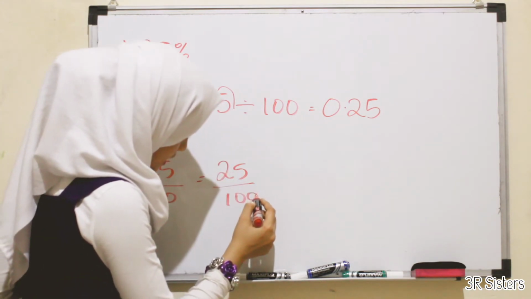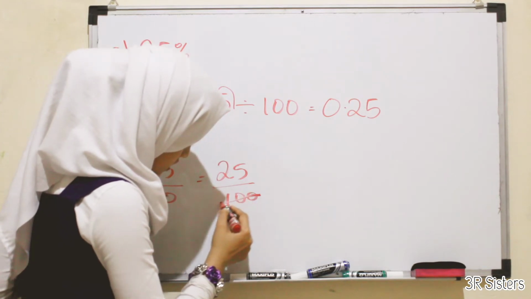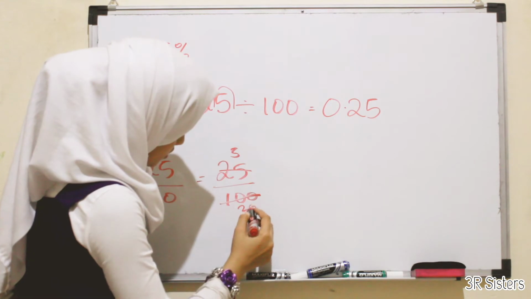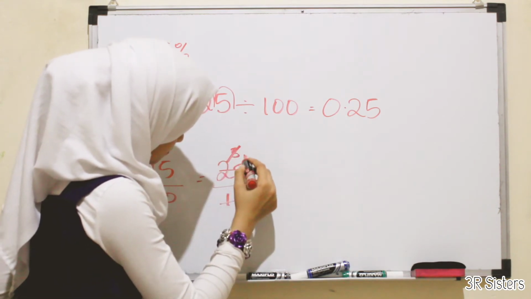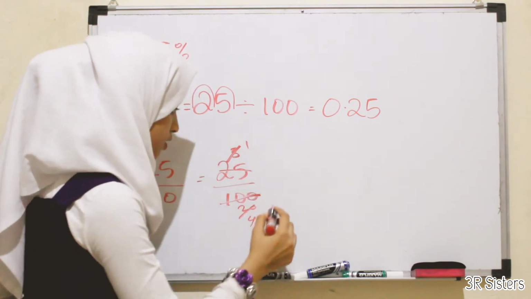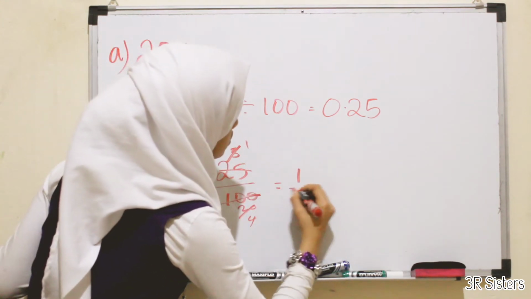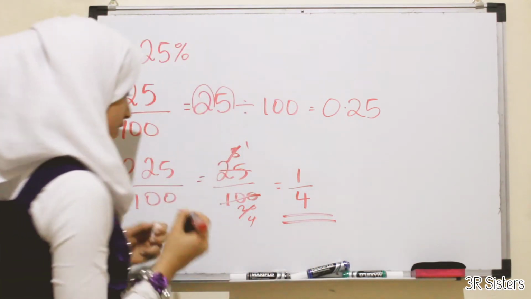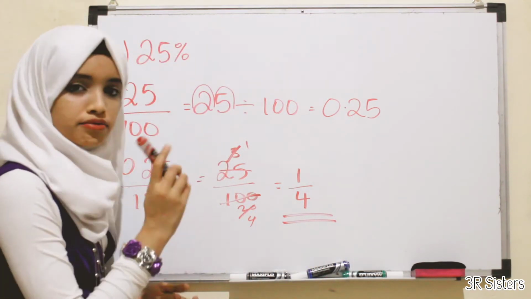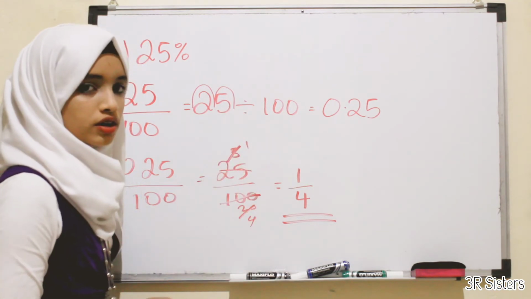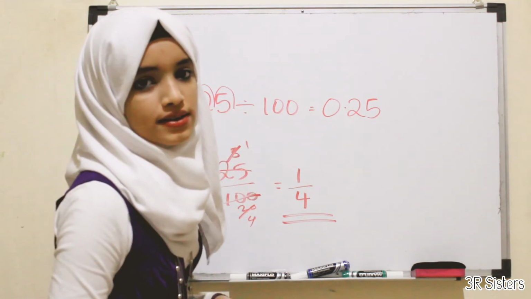This will go in 20, this will become 5, this will become 4, this will become 1. So the answer we get is 1 by 4. 25 by 100 in its simplest form is 1 by 4. Now let's move to the B question.